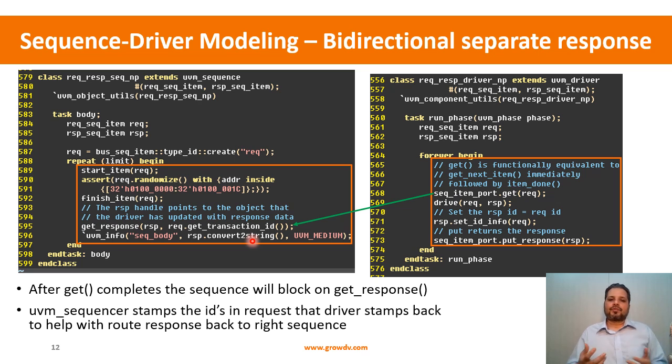So if you look at it, both the request and the response handshake happened, and the response handle's validity was established. Only after that we started processing the response. This is how bidirectional non-pipelined communication, with the response going through a separate sequence item, works.